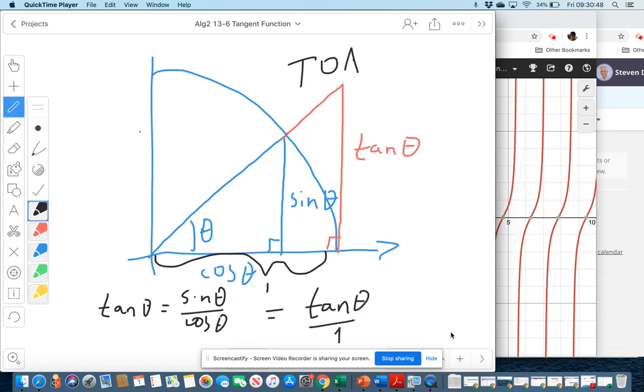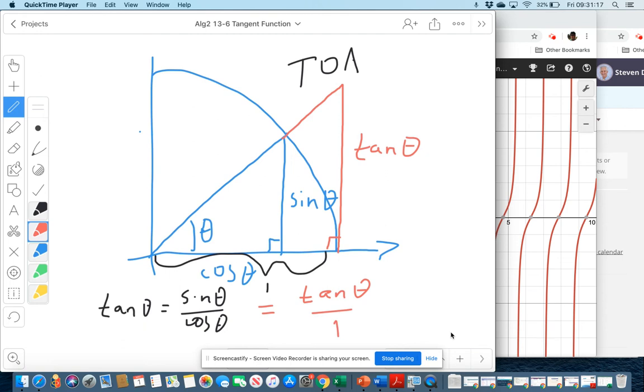Okay, so the length of that line outside the circle, I should have done that in red there, the length of that line outside the circle is in fact the tangent because of similar triangles. It's going to have the same ratio as the smaller triangle inside. Tangent theta over 1.